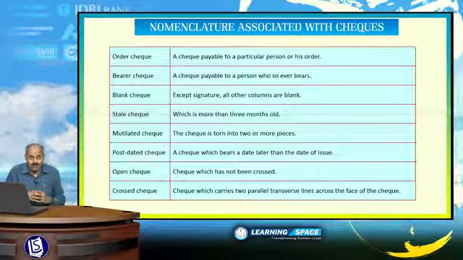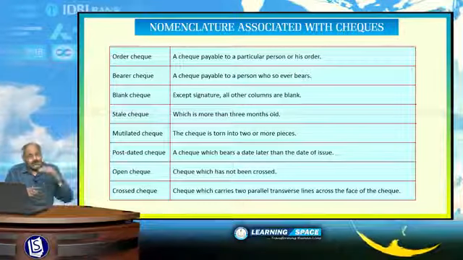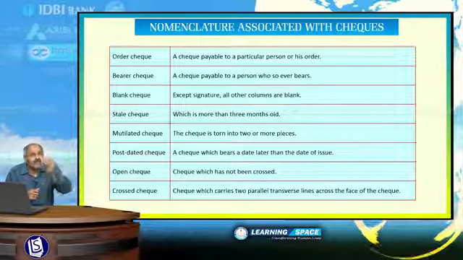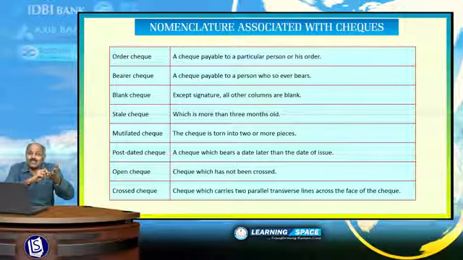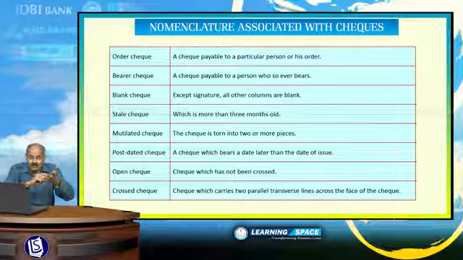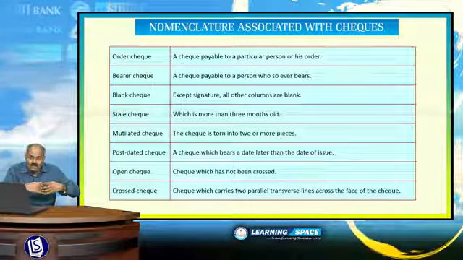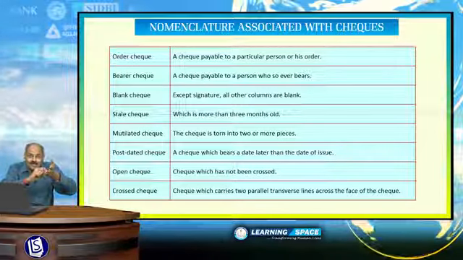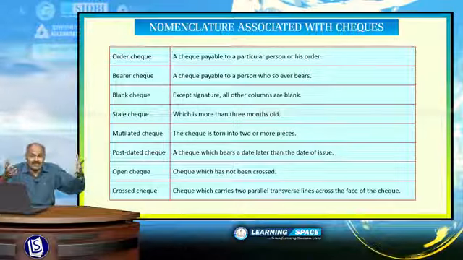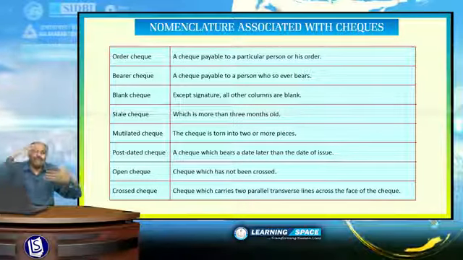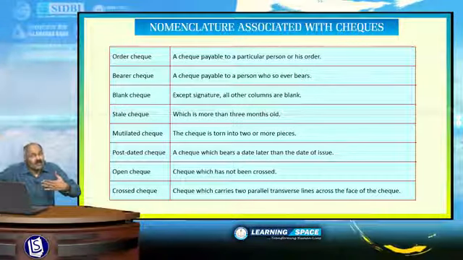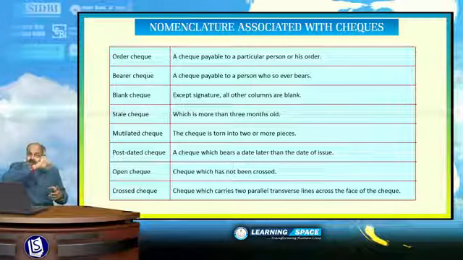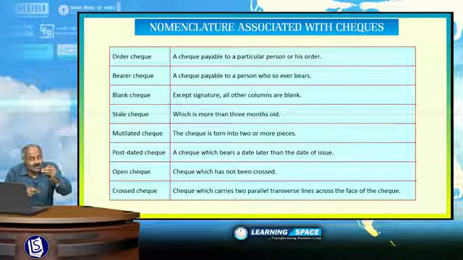Post dated check. Let us assume today is January 1st and you are taking the check dated January 16th, that indicates it is a post dated check. That means that check will be valid from 16th January onwards only. Open check. When the check is not crossed, that is an open check.